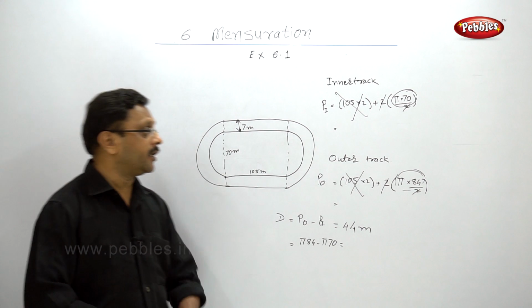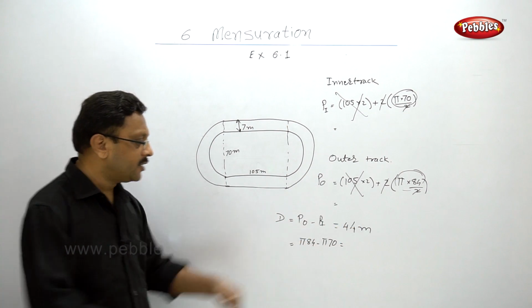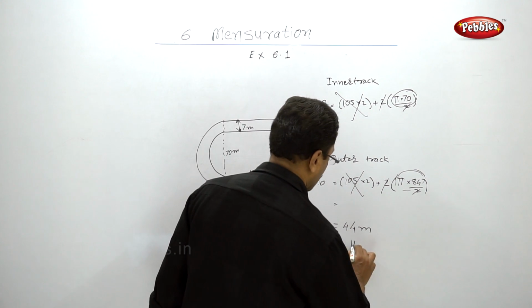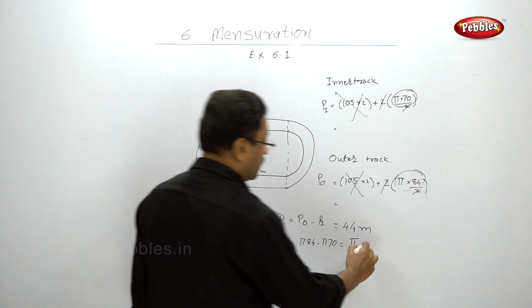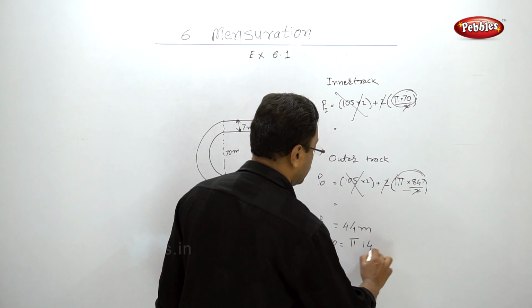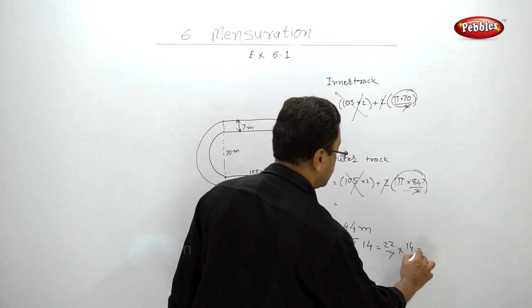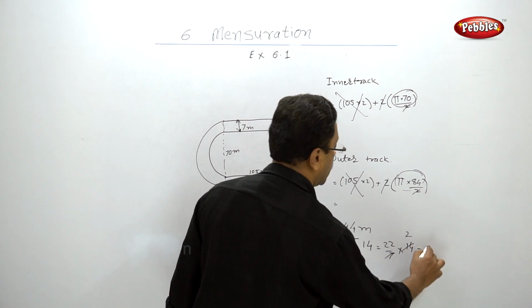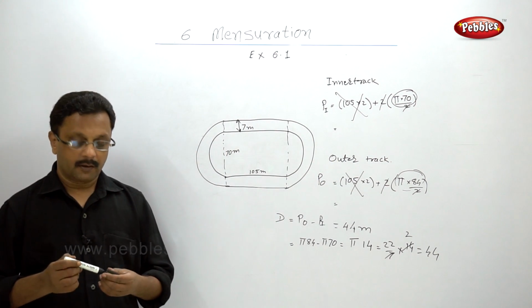You might have calculated all these, but this is the simplest thing. Now pi is common, so it is pi into 84 minus 70, that is 14. And if I take pi as 22 by 7, with 14, 7 twos are 14, and it is 44. Correct?